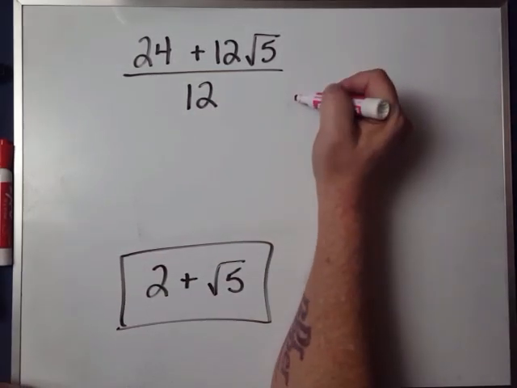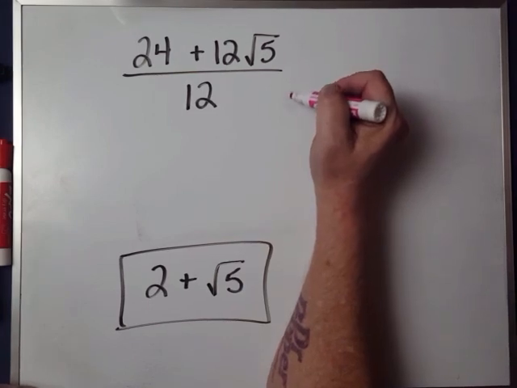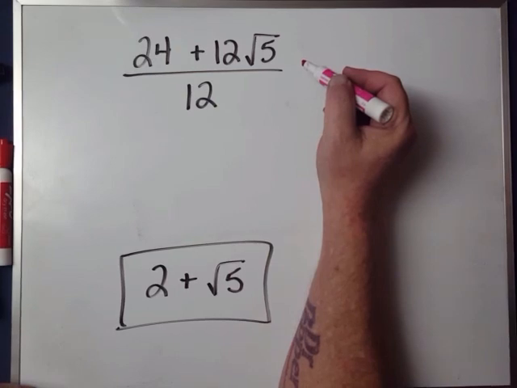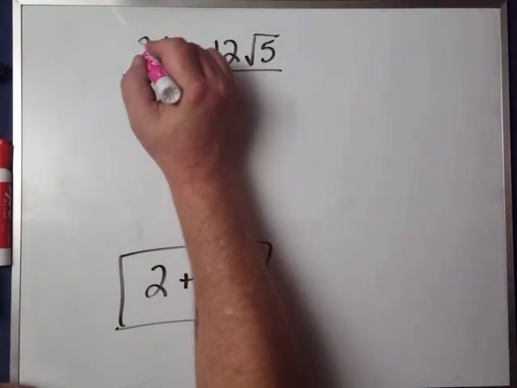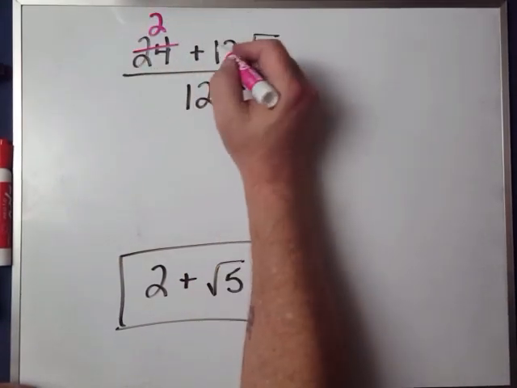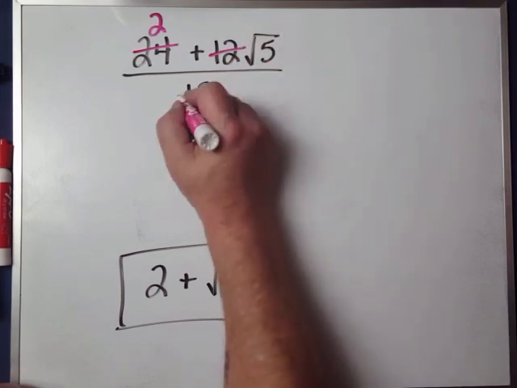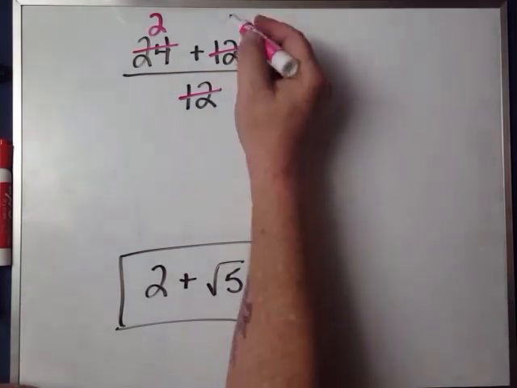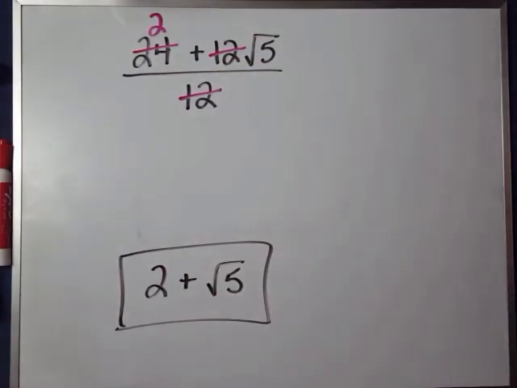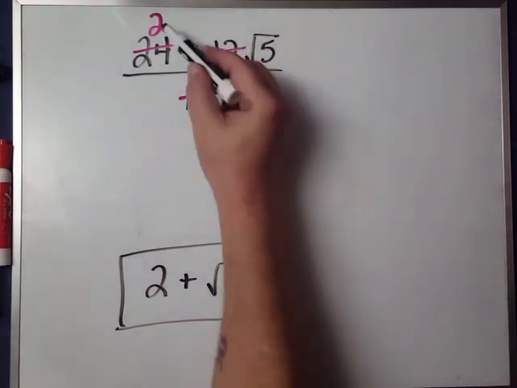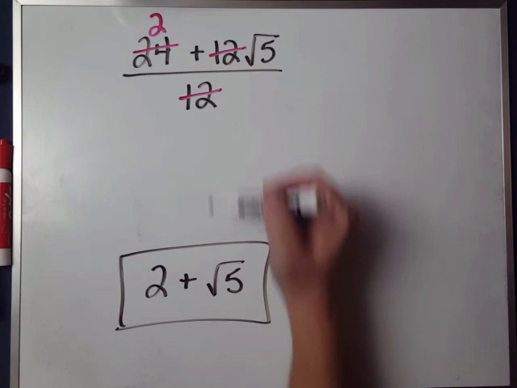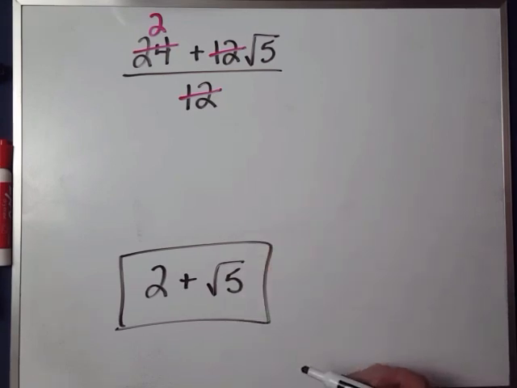If I divide the top and bottom of this fraction by 12, I'm dividing every term, top and bottom, by 12. 12 goes into 24 twice. 12 goes into 12 once. 12 goes into 12 once. And I don't generally write those ones because they don't do anything. And so what do we have? 2 plus square root of 5, what? Over 1, but we don't write over 1.